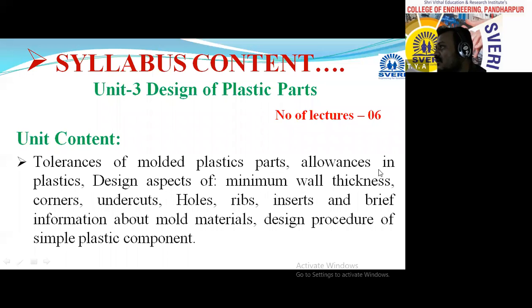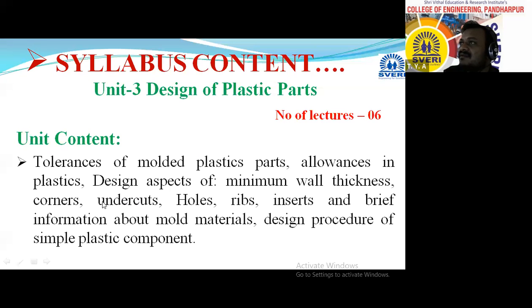The selection of minimum wall thickness is a very important aspect. This is very critical as far as the design of a plastic part is concerned. Minimum wall thickness is very important, as all its characteristics or properties will get affected due to the minimum wall thickness.